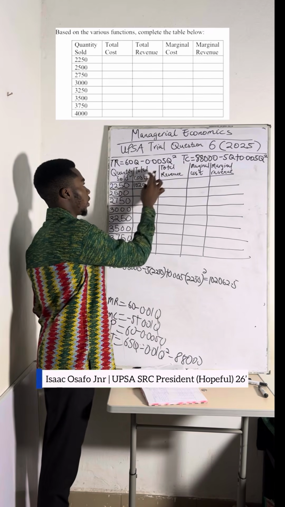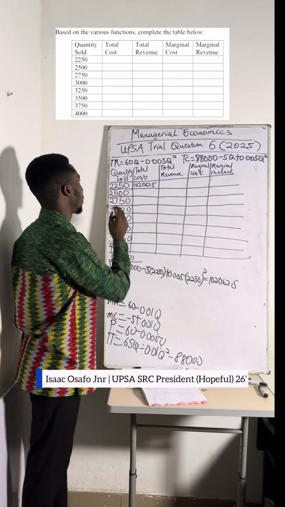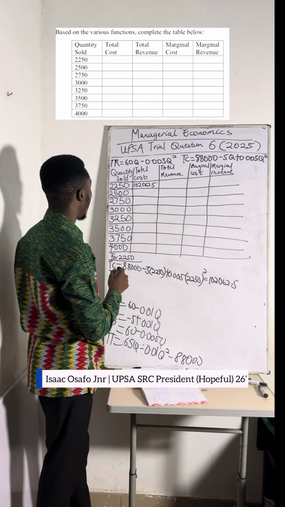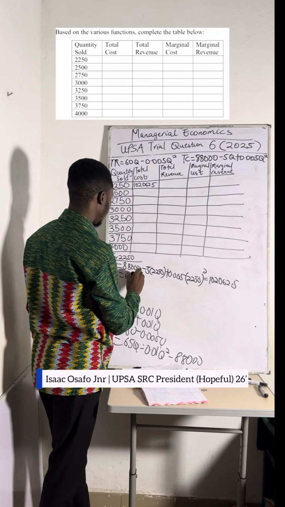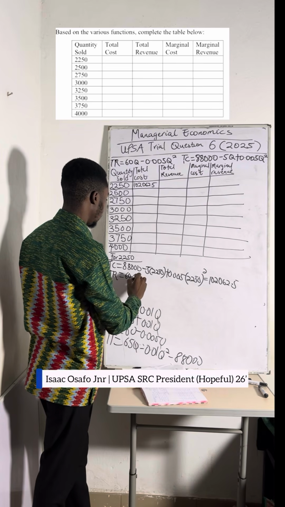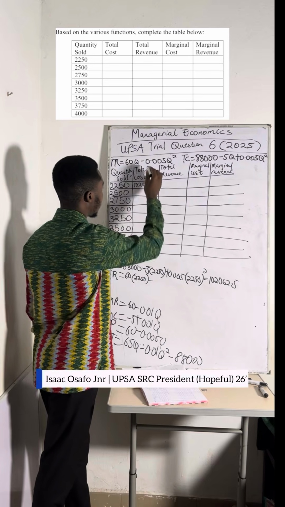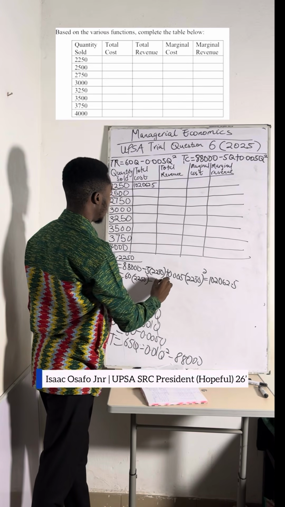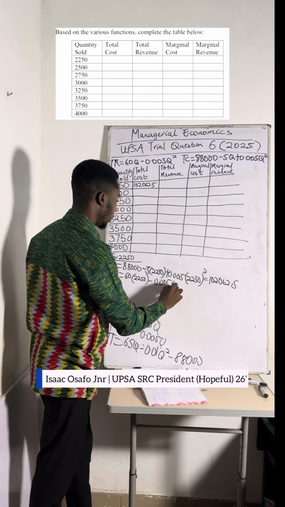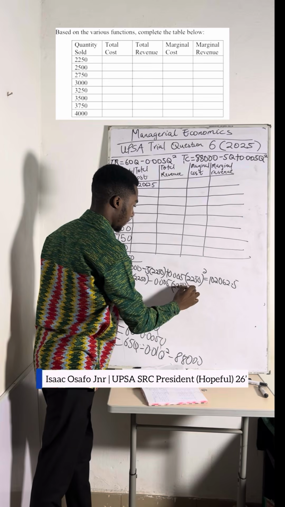Still on 2250, you are going to find the total revenue. For the total revenue too, they already gave you the function in the question. When you see Q, we put 2250 there. So we have 60 times 2250 minus 0.005 times 2250 squared.